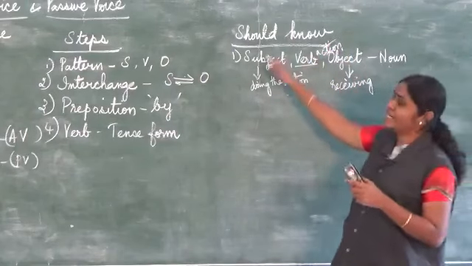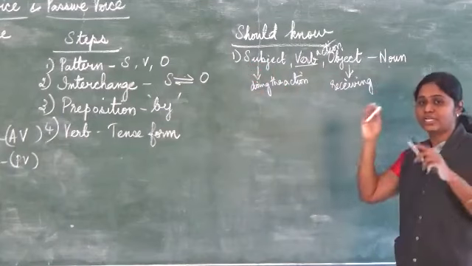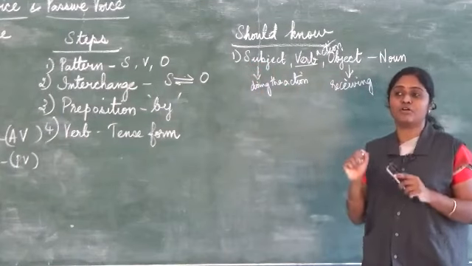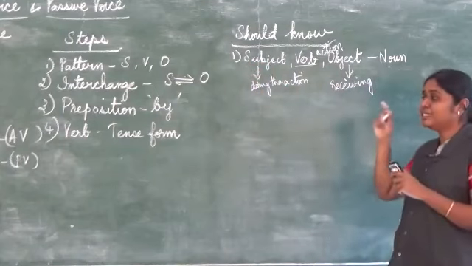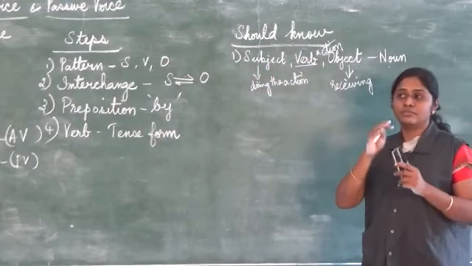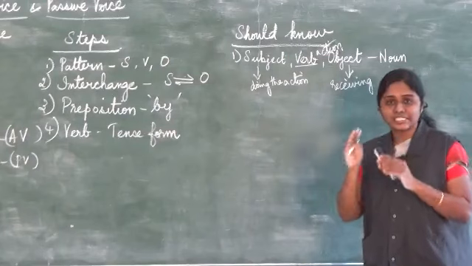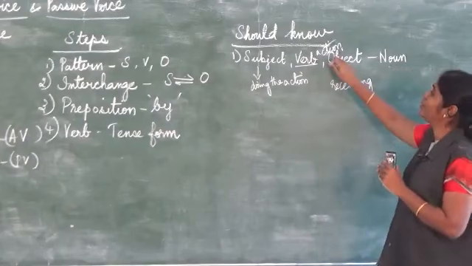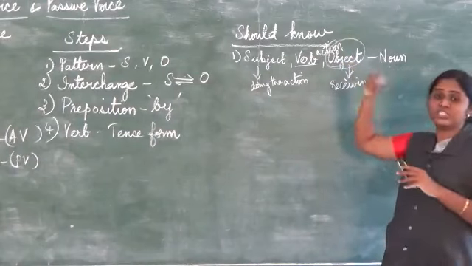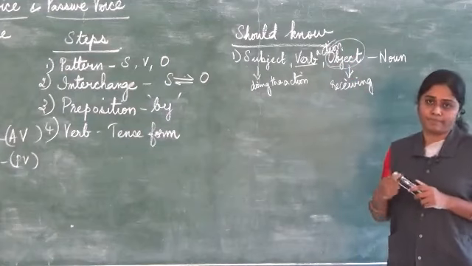So now when I am explaining this point, I would like to emphasize here or to remind you that if the sentence that you are asked to change from active voice to passive voice doesn't have an object, then you cannot change it into passive form. Clear?